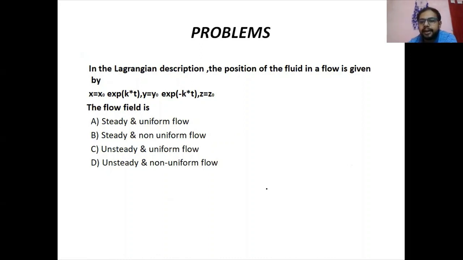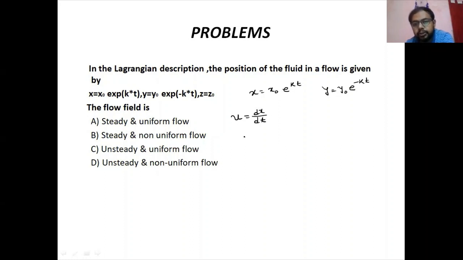Next problem: the Lagrangian description is given to you. Here x is equal to x0 e to the power kt, and y is equal to y0 e to the power minus kt. For the flow field, u along the x-axis is nothing but dx by dt.